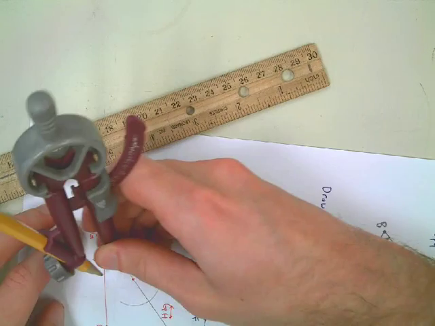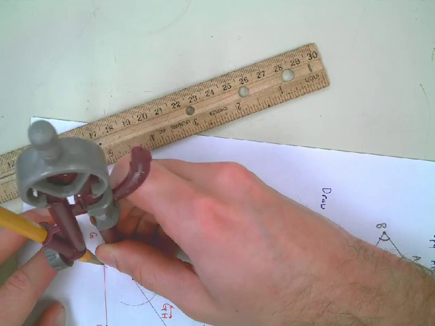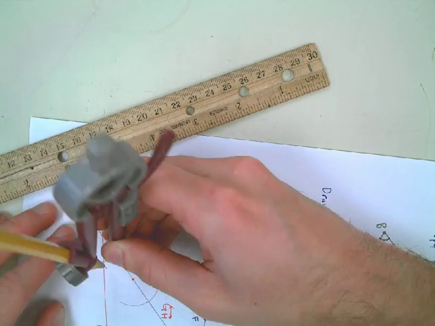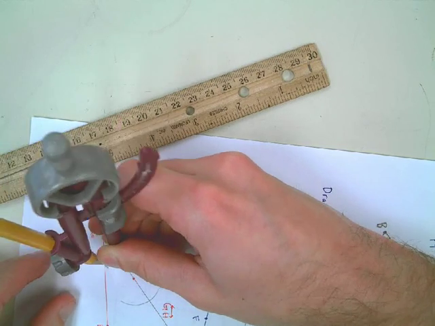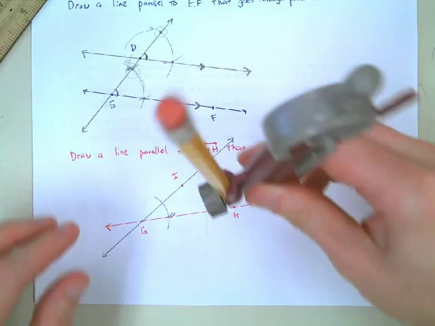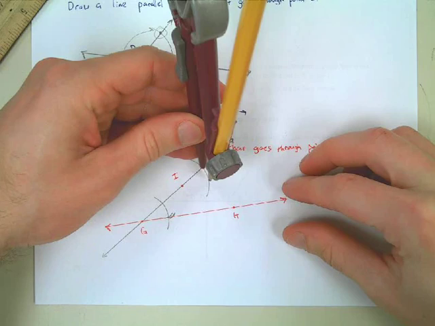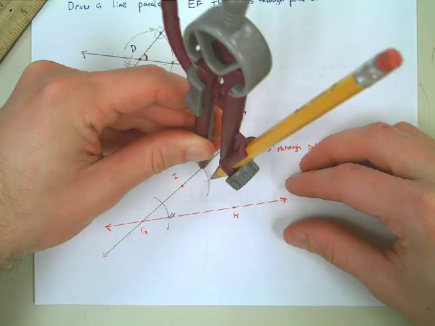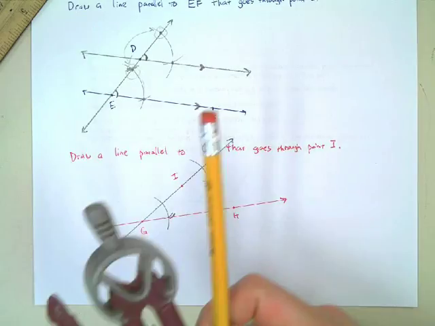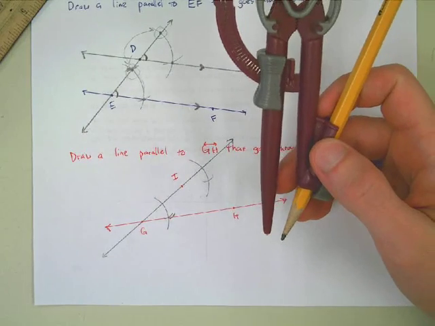I'm going to do the same thing from there. Create some little crisscross. And from there, perfectly parallel.